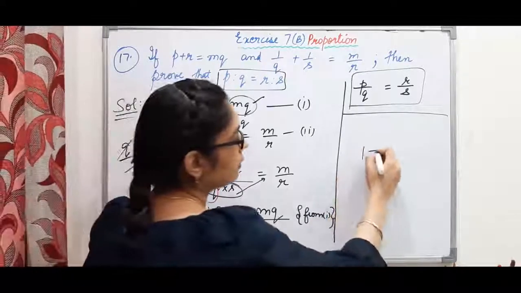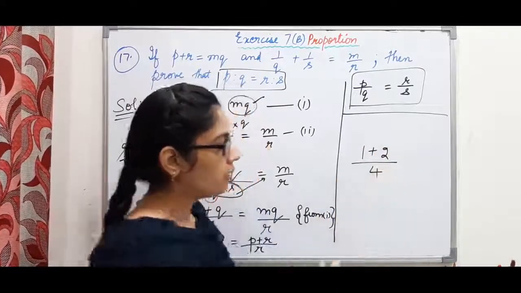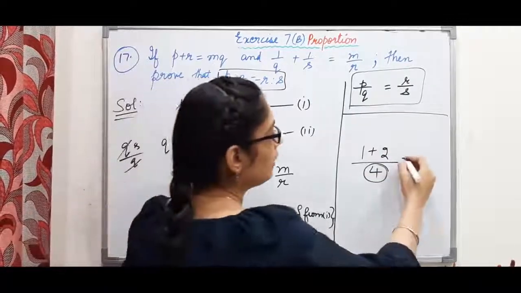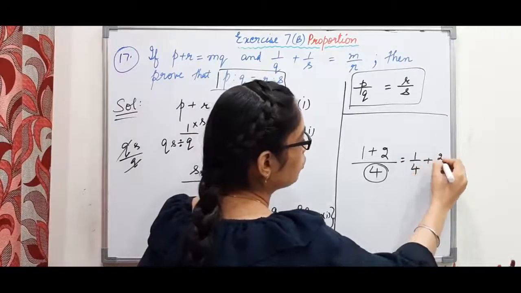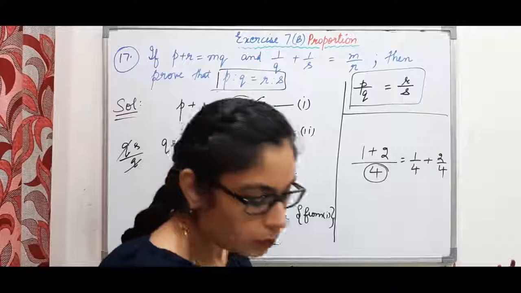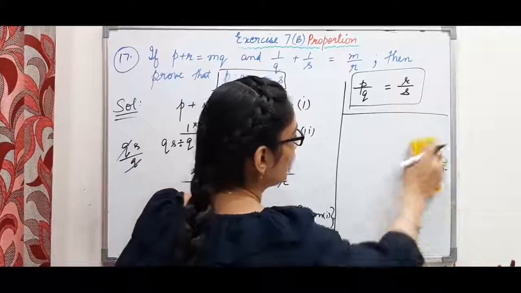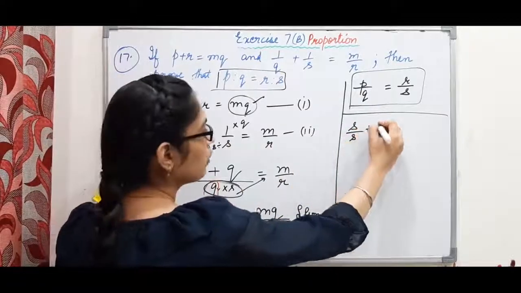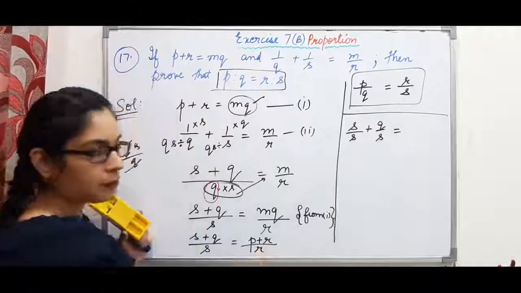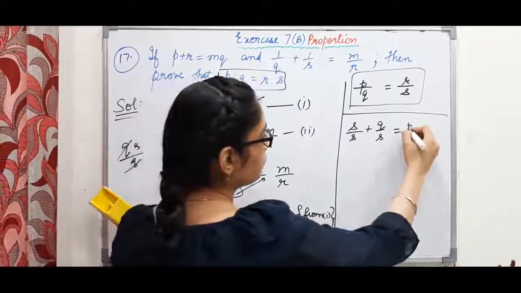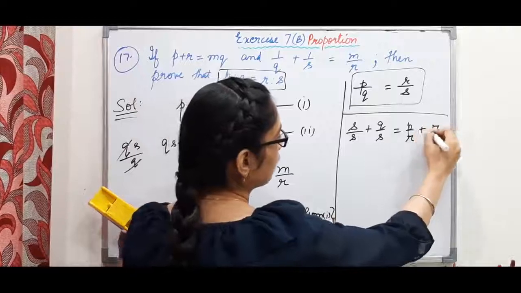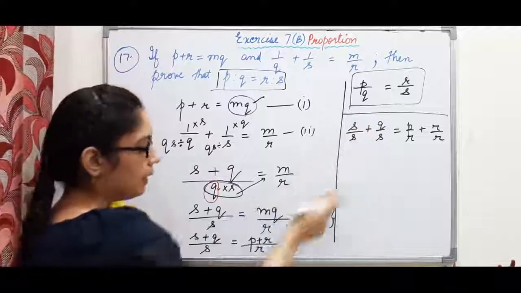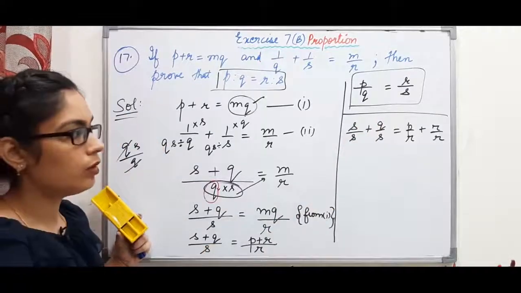Whenever we add fractions like 1 plus 2 by 4, the denominator is with both, like 1 by 4 plus 2 by 4. So we are going to write it separately: S by S plus Q by S, and on this side P by R plus R by R. Since the denominators are the same, when we add it becomes S plus Q by S. So I have just written the denominators separately.